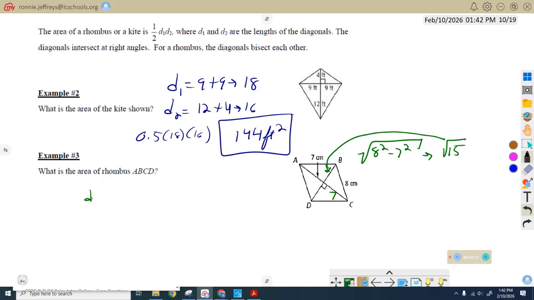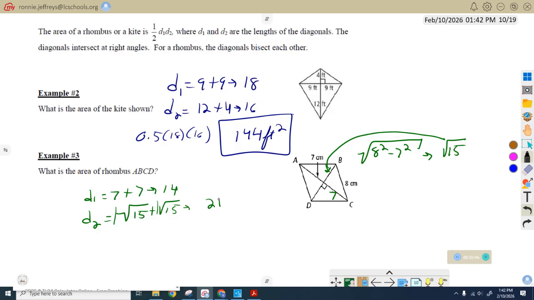So for d sub 1, 7 plus 7 is 14. All right, that's the easy one. D sub 2 is root 15 plus root 15. That again, this is understood to be 1. See, this is one reason I'd rather ask you to find the missing length or tell me how you're going to get it other than give me the answer.